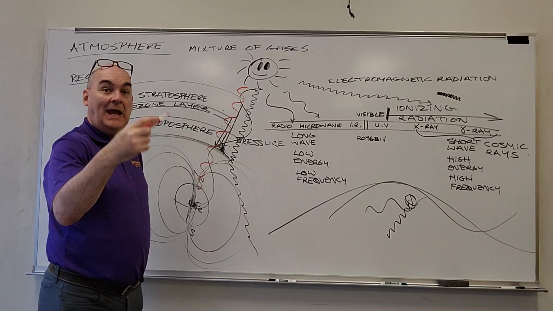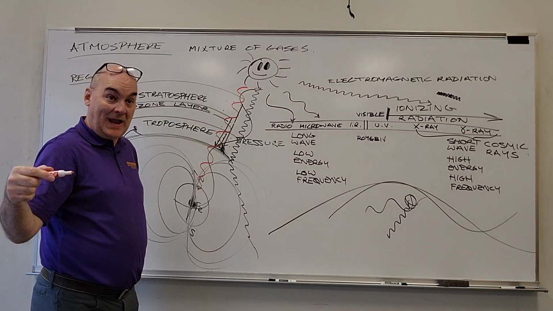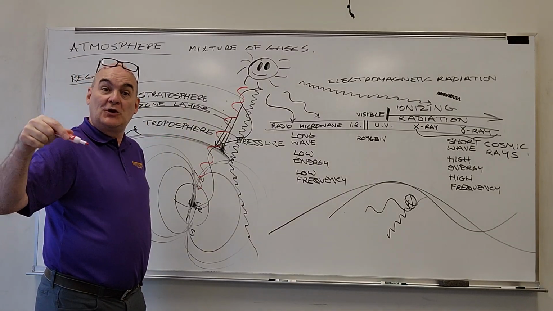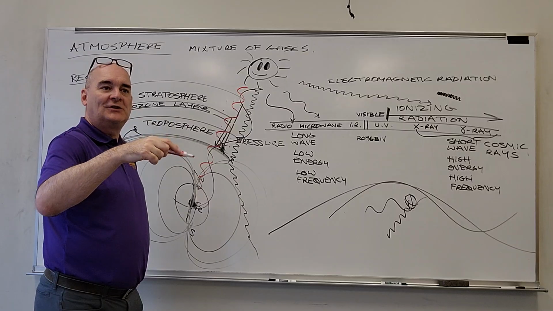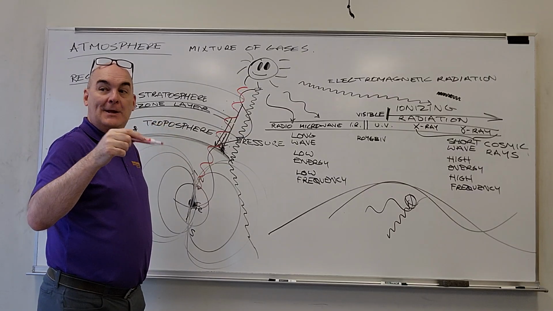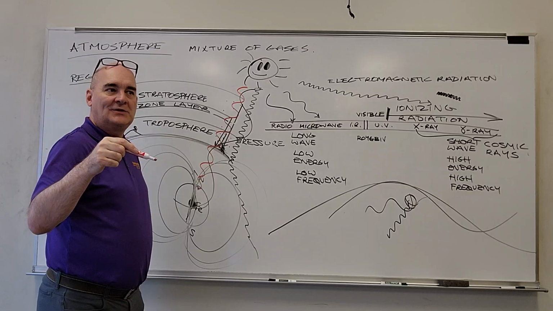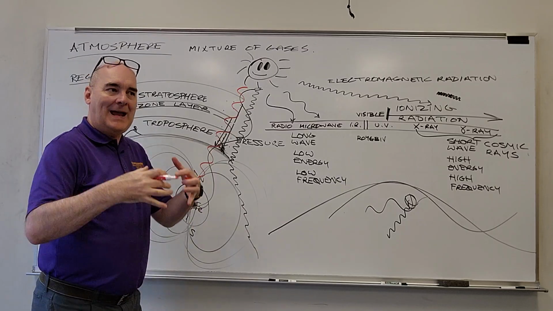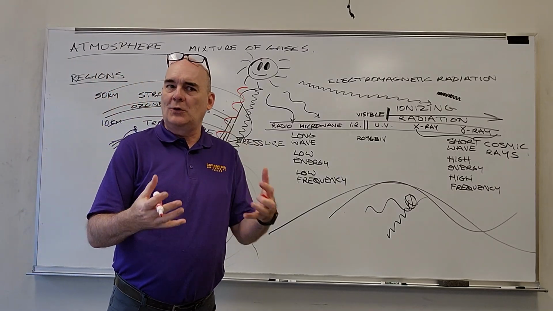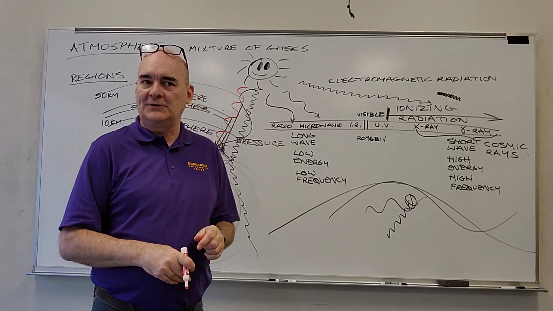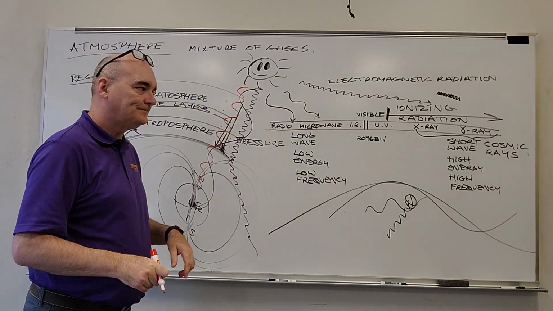It's a kick up the backside. It's an energy jolt that's going to make some reactions that were previously impossible possible. It gives products that wouldn't be possible otherwise. One of those is going to be ozone.